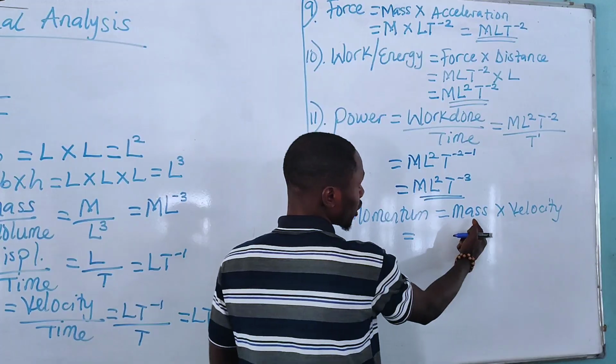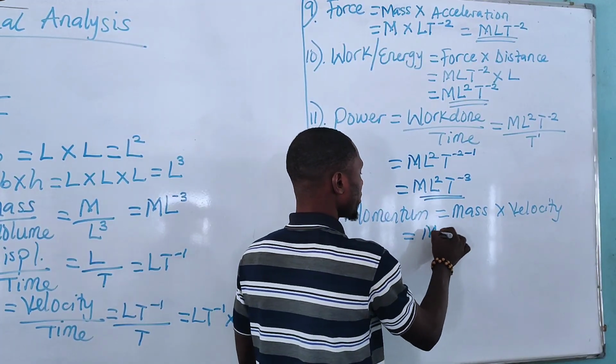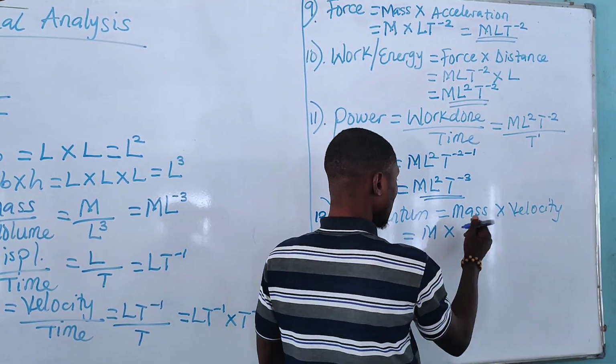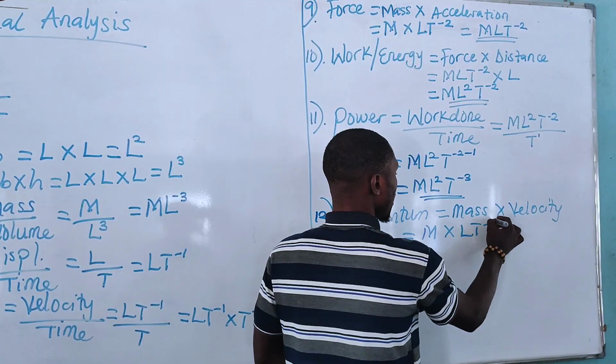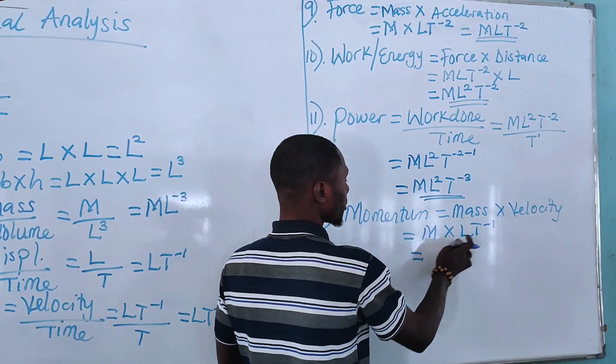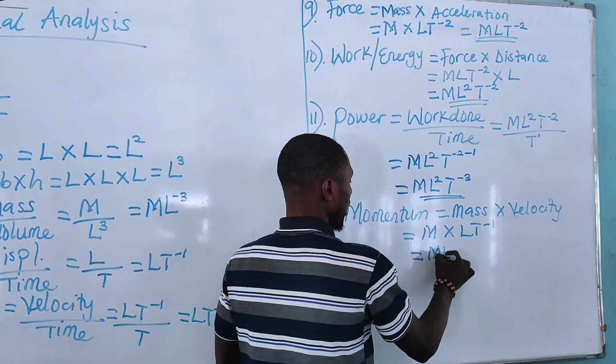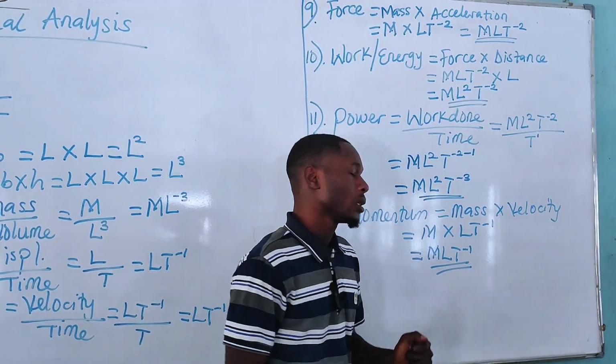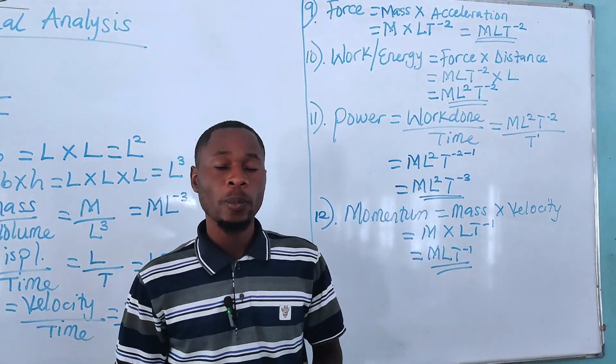The dimension of mass is capital M, times the dimension of velocity, L T to the power minus 1. So we multiply that, and that will give us M L T to the power minus 1. So this gives us the dimension of momentum.